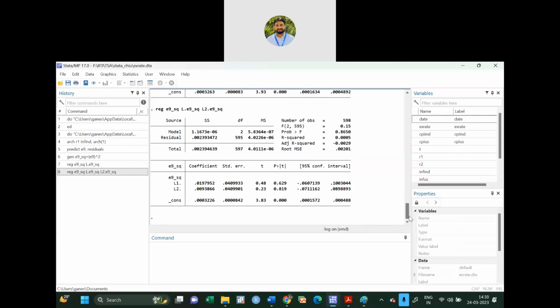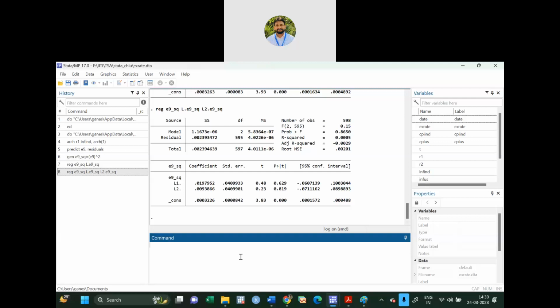There are, of course, a lot of variations in ARCH and GARCH as well, like ARCH-M, IGARCH, EGARCH, etc. And most importantly, you use the ARCH and GARCH model to model the variance of any return, which you talk about in terms of volatility and all that.